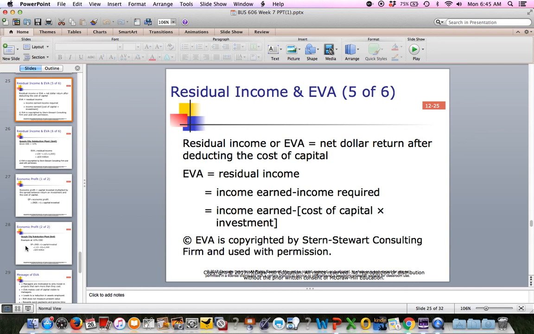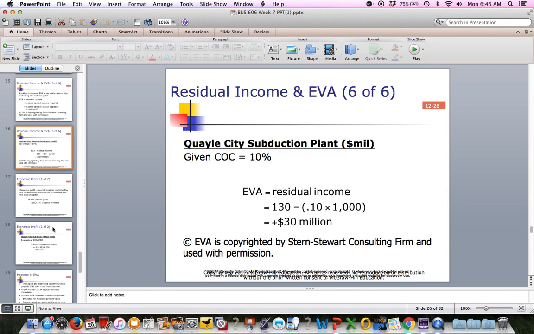So residual income, or EVA, is a net dollar return after deducting the cost of capital. EVA is residual income: income earned minus income required, where income required is my cost of capital times my investment. We've already looked at this calculation. So I do that for our Quail City plant, and we get 30 million.